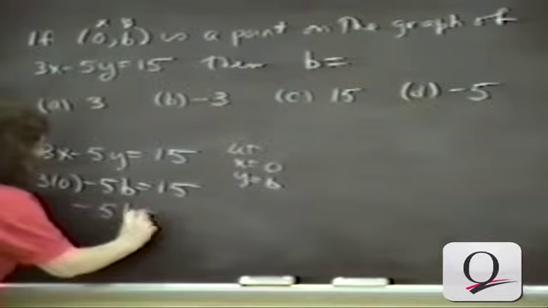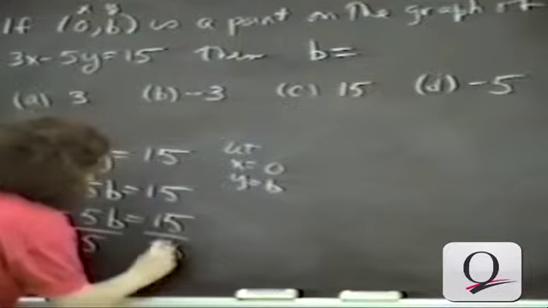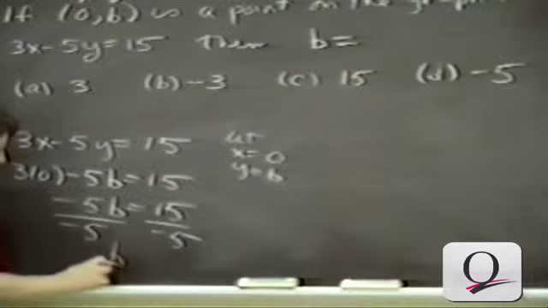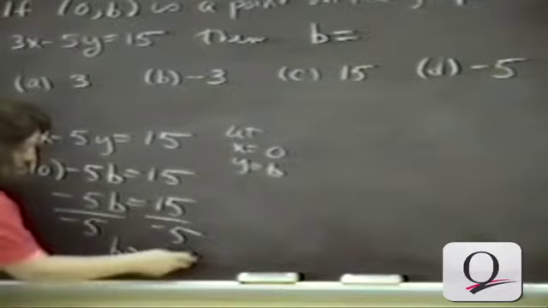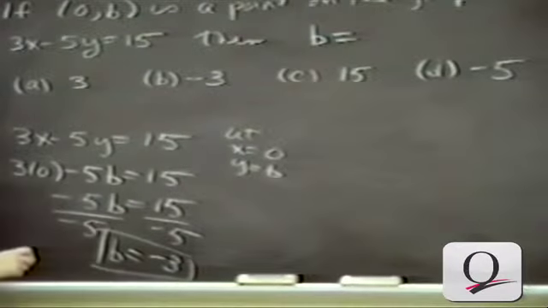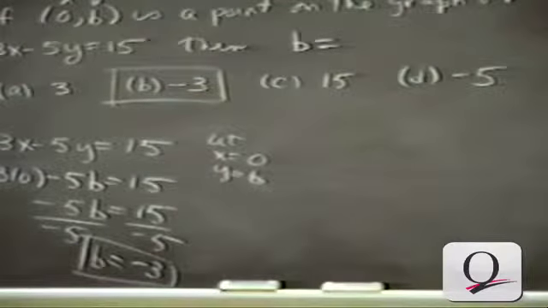So minus 5b is 15. Dividing both sides by minus 5, b equals plus 15 over minus 5, so it's minus 3. So you'd write the second choice, which coincidentally was choice B, but that's just a coincidence.